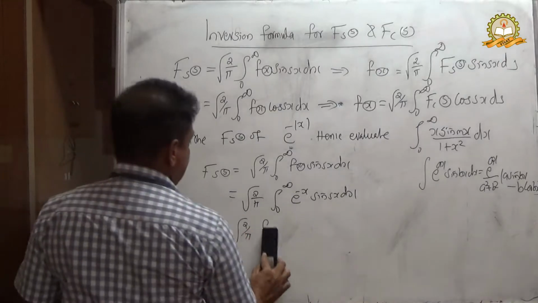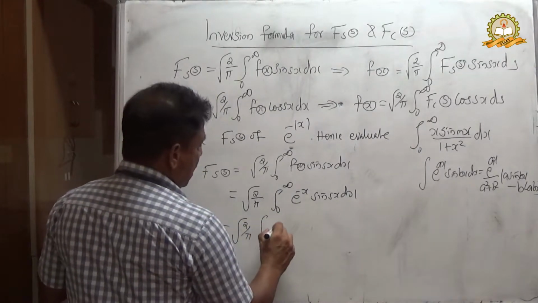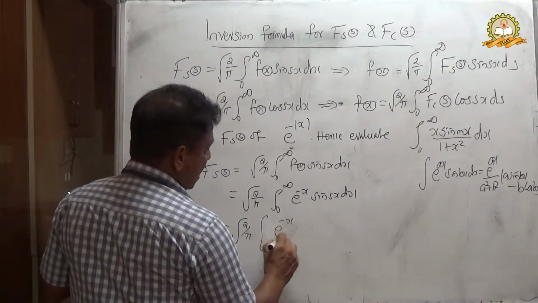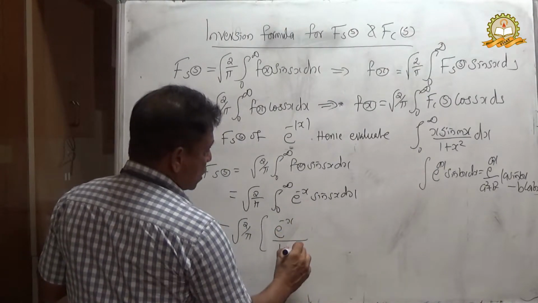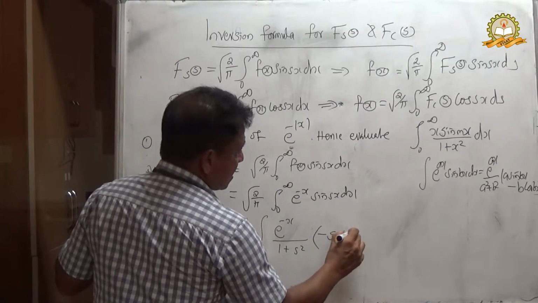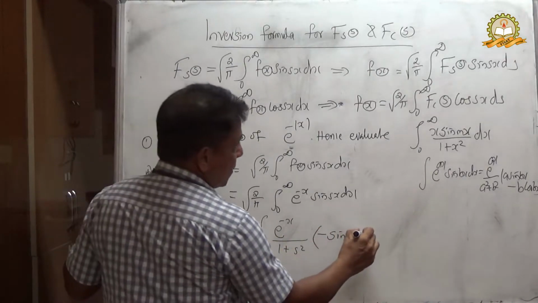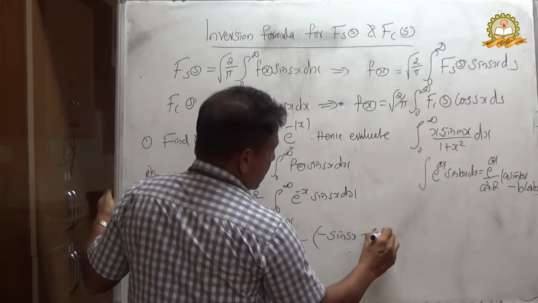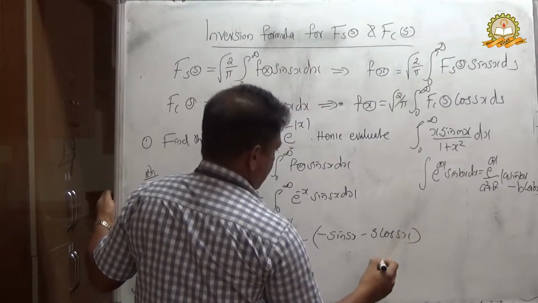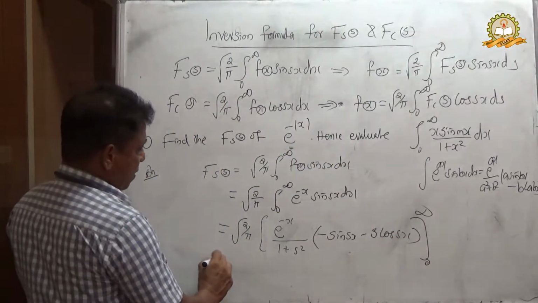We integrate using the standard result in integration. When we apply the standard result, we get e raised to minus x divided by 1 plus s square into minus sin sx minus s cos sx. This is the integration. Then we apply the limits.